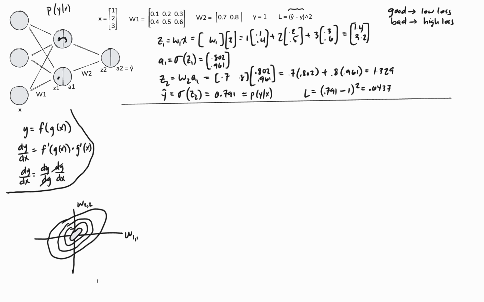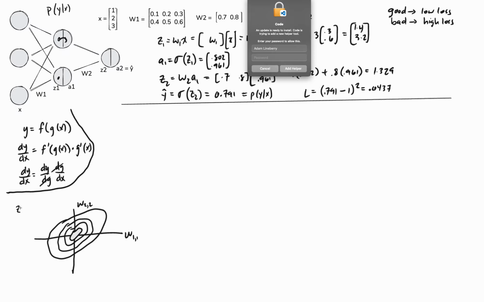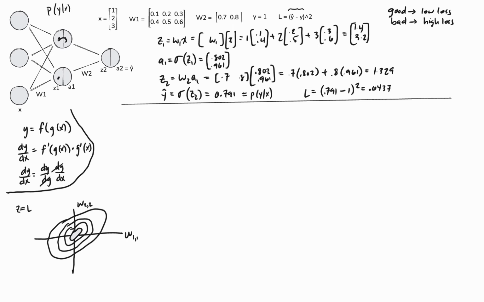Okay. So basically, this is going down into the page, lower and lower. I don't know if I want to draw this in 3D, but the vertical axis, z, equals the loss. Okay.